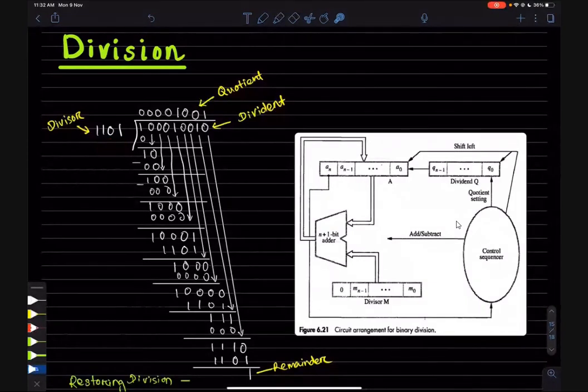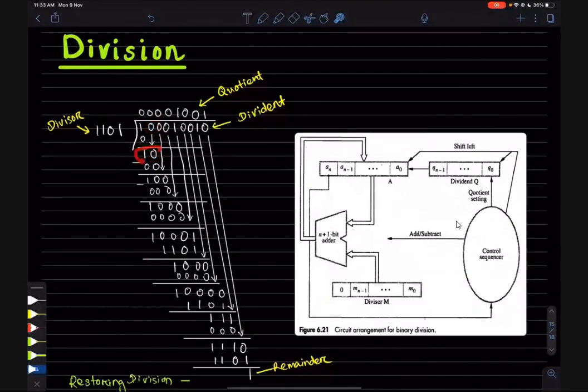1101, we have to start with the first bit. We will see if this bit is greater than the divisor or not. If not, then we will put a 0 in the quotient and we will write 0 here. 1 minus 0 is 1. Then we will get a bit from the dividend and put it here in the result.